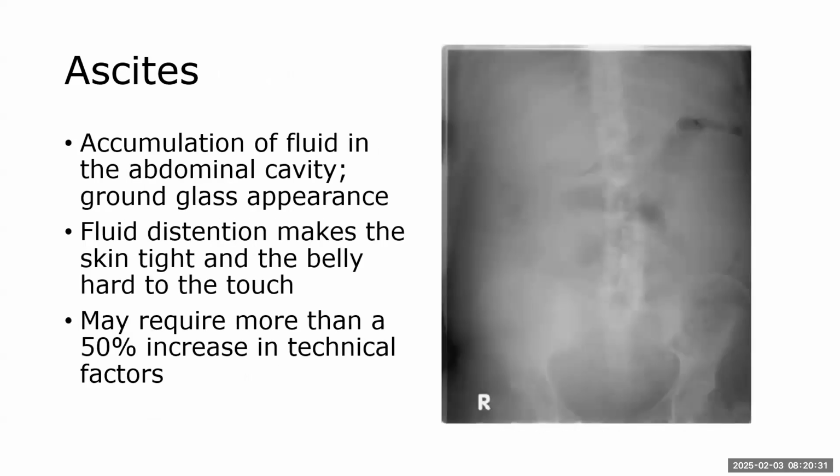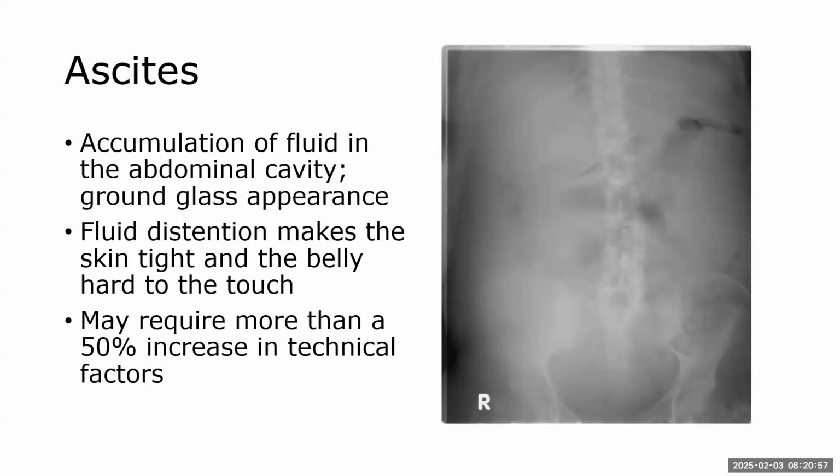Ascites is going to be one, you've probably already seen this in clinic, because several of y'all are shaking your heads, especially if you're in room 3 at Memorial. Patients come in there all the time for abdominal series and they have ascites. So it's accumulation of fluid in the abdominal cavity. It's a ground glass appearance. Fluid distension makes the skin tight and the belly hard to touch. Did you touch them and they felt like a rock?